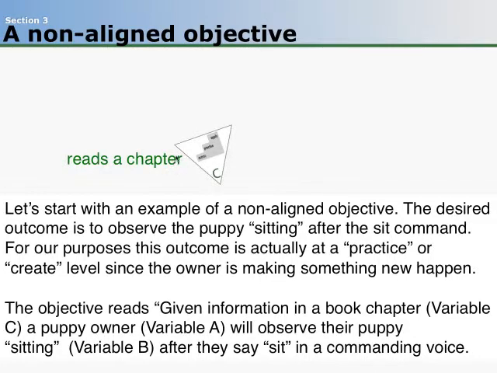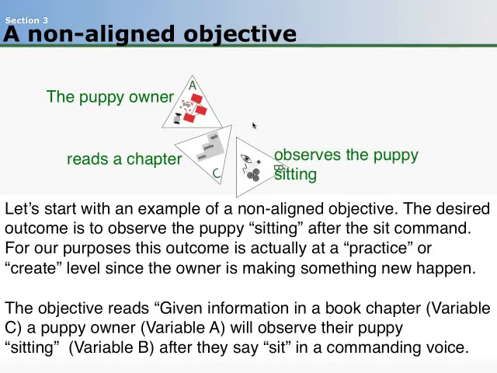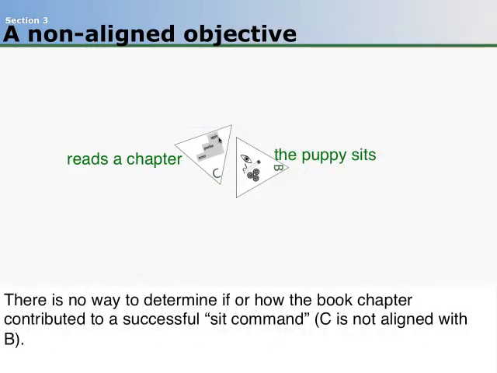So the objective reads, given information in a book chapter, which is variable C, a puppy owner, that's our variable A, will observe their puppy sitting, variable D, after they say the sit command in a commanding voice. There's really no way to determine if or how the book chapter contributed to a successful sit command, so we can't really say C is aligned with B. The strategy of reading the chapter may or may not have contributed to the puppy sitting.